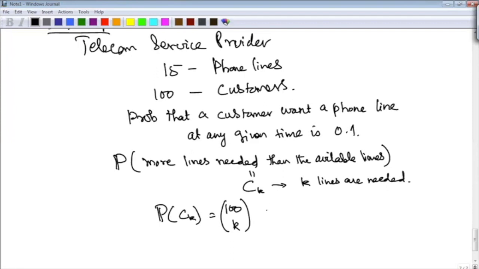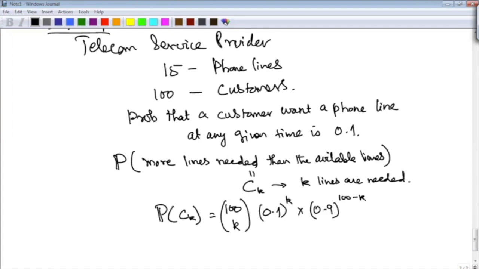And what is the probability of success? The probability that a customer needs the phone line at a given time is 0.1, and therefore k customers need the phone line, and the other customers don't need it, so that probability is 0.9, and that is 100 minus k.